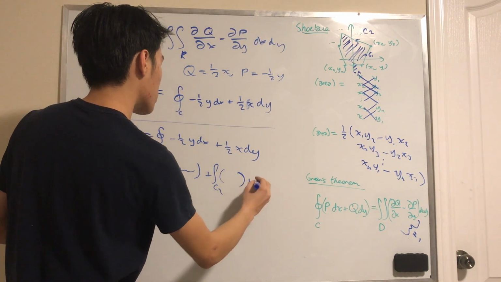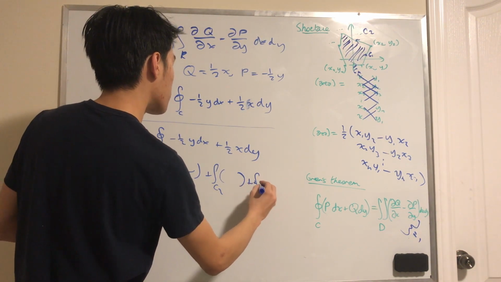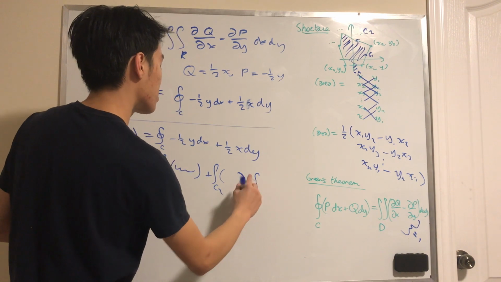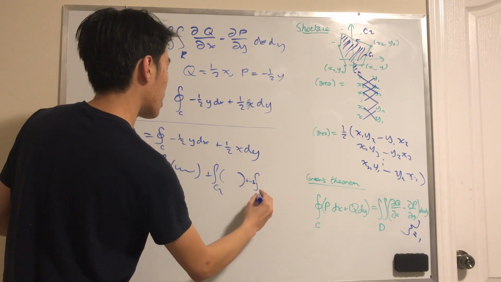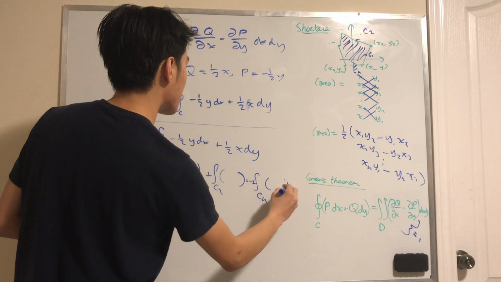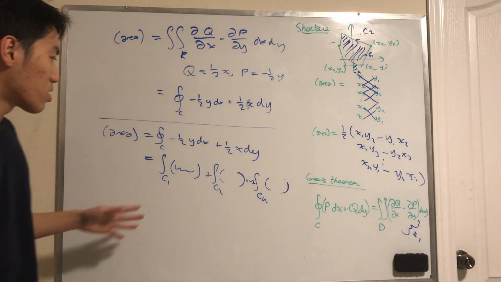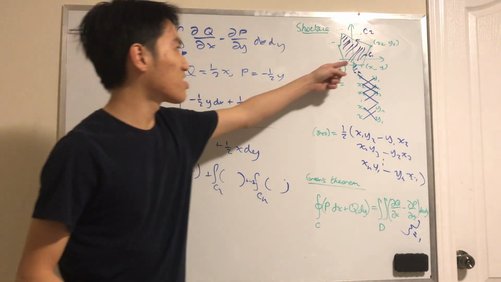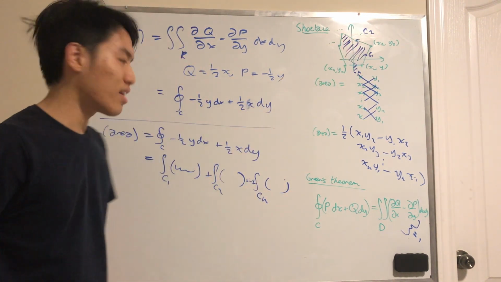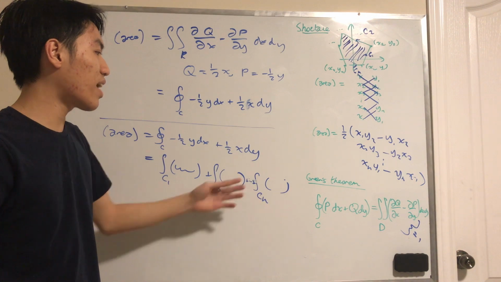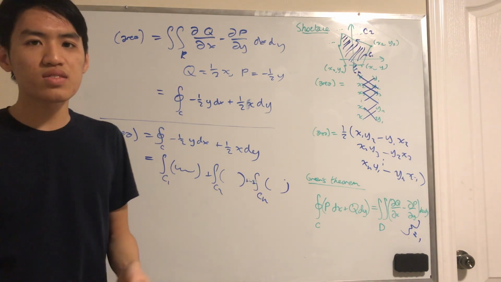So we carry on all the way up to cn of that same junk, and then we're done. So all that's left is we need to parametrize each of these lines and then evaluate the integrals, add them up, and hopefully that gives us a nice expression.